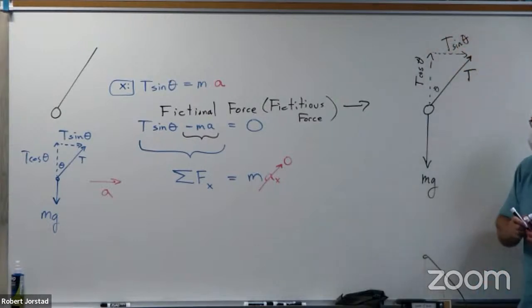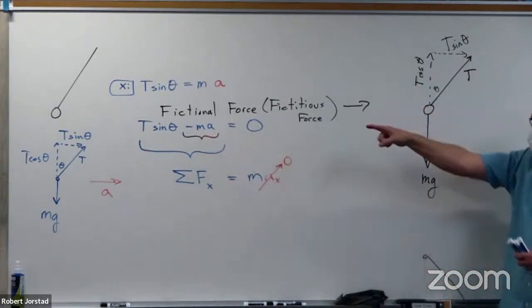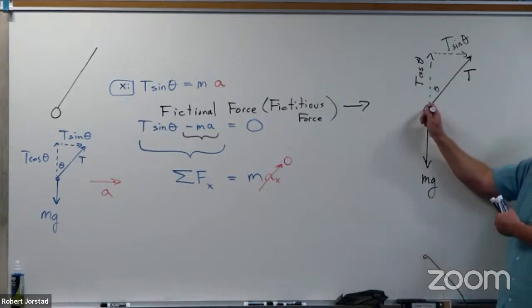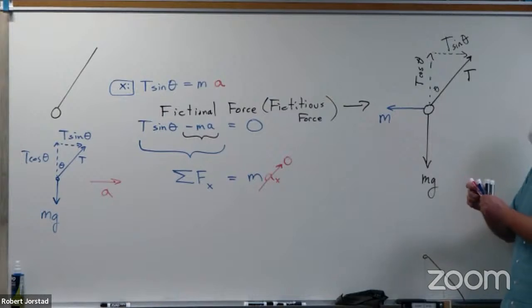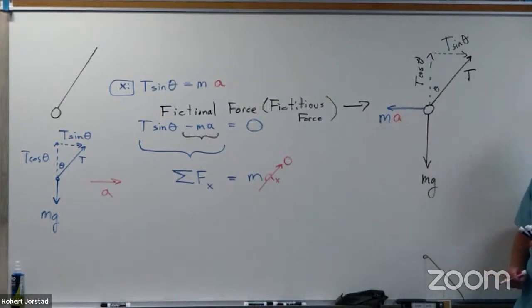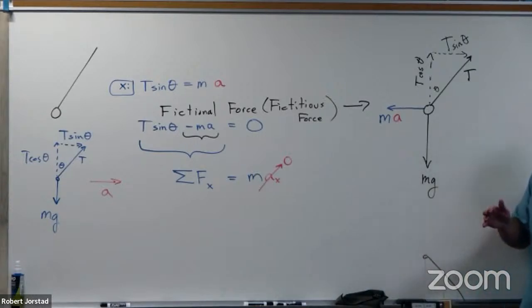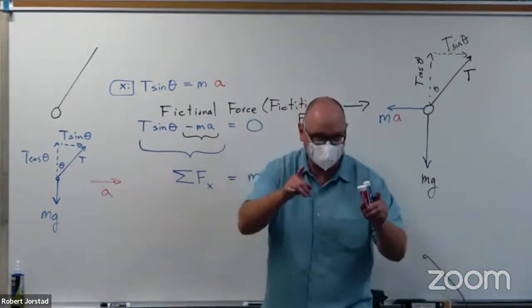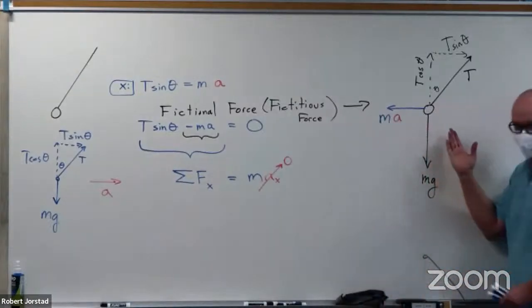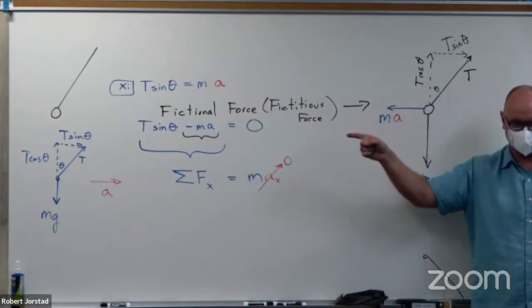Which way would ma have to point if this was a real force? That way, right? Because it's negative. This is a cool trick. What you can do is you can say, look, I know this ball is accelerating this way, so I'm going to tell you it's not accelerating at all and put a force, ma, pointed the other way.